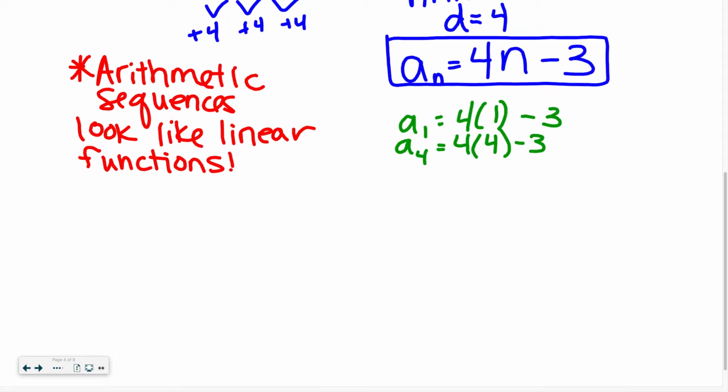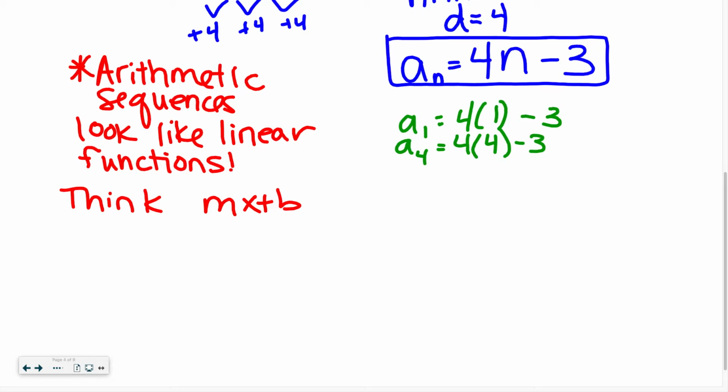Because you're always going to say, oh, I'm adding that thing times n, and then I tweak it, plus or minus some number. That's what Lexi did in the warm-up. She said, oh, I'm subtracting 1 every time, negative 1n. Add or subtract whatever she needed to get the actual term. So you could tell yourself to think something like mx plus b, because that's linear, right?